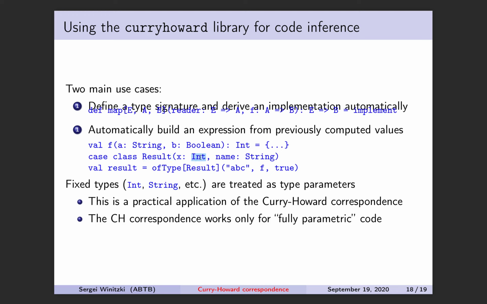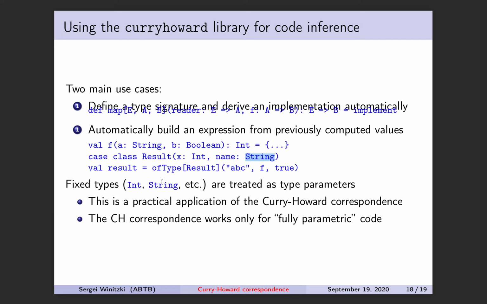I can put an integer 500 and the empty string. I don't care what it is, the type is correct. So the Curry-Howard correspondence is powerless in that kind of situation. You can always compute values of type integer or string. The type does not give you any information about how to do that.